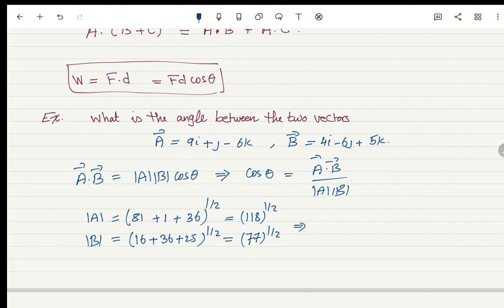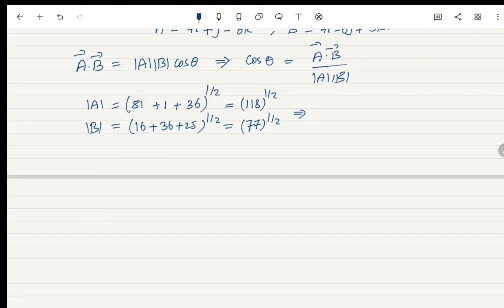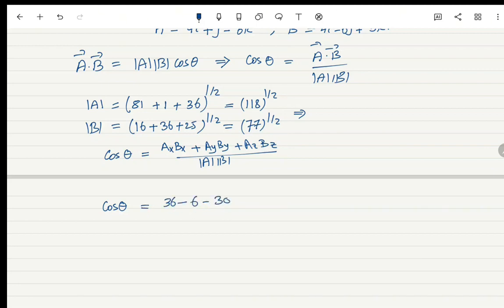Now use these to find cosine theta equal to ax bx plus ay by plus az bz divided by the magnitude of A, magnitude of B. So cosine theta, after all, will be equal to 36 minus 6 minus 30 divided by 118 times 77, all to the power half.